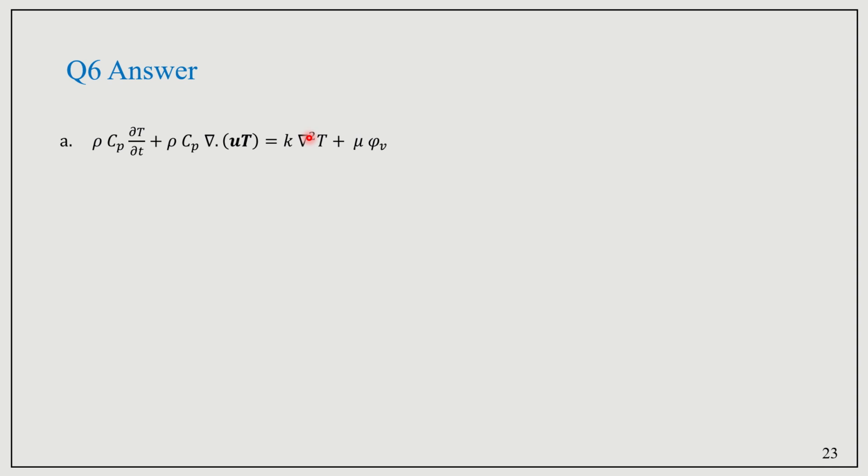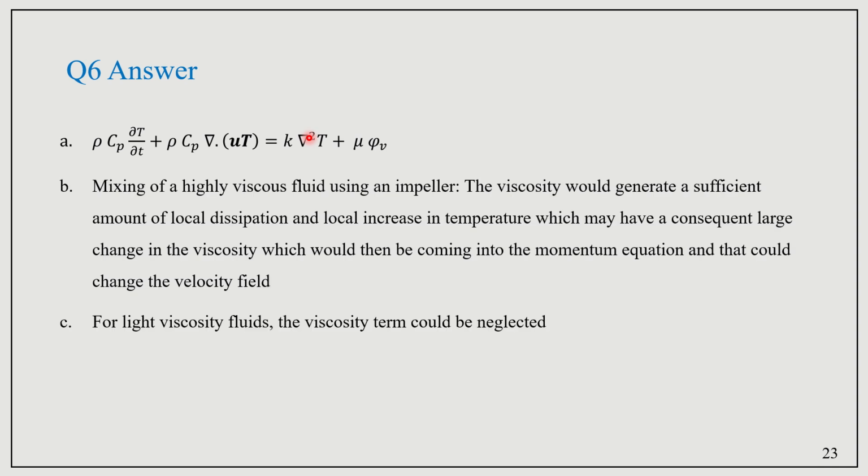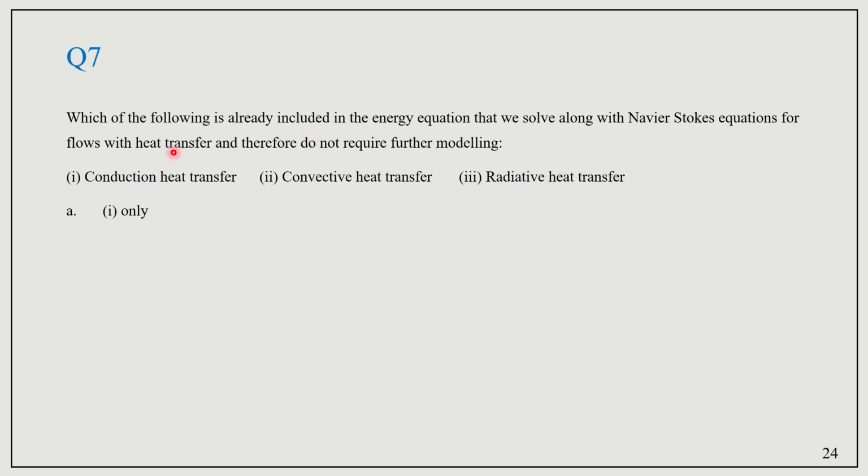This equation is what we solve along with the Navier-Stokes equation. So coming back, which of the following is already included in the energy equation that we solve along with the Navier-Stokes equations for flows with heat transfer and therefore do not require further modeling? So option 1 conductive heat transfer and option 2 convective heat transfer.